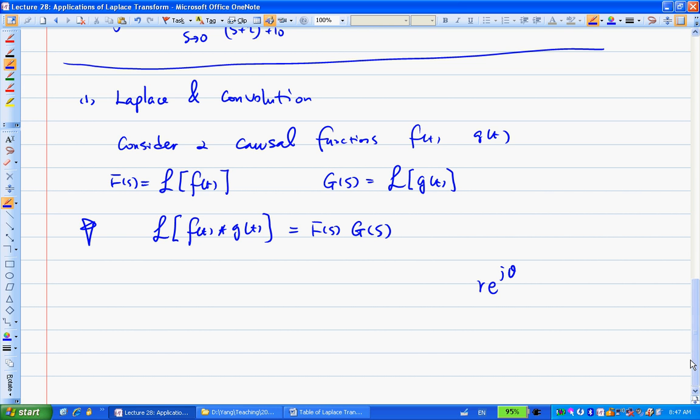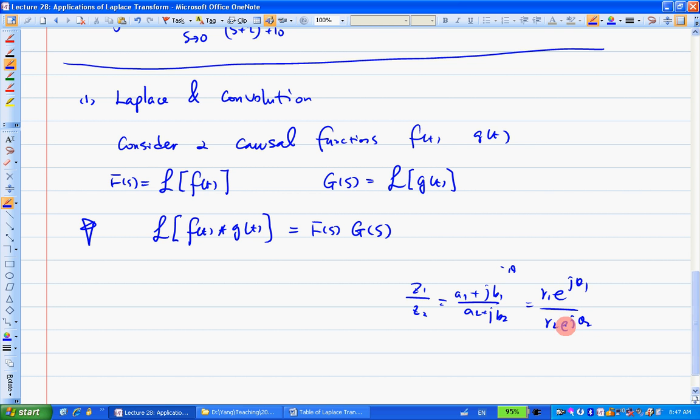Then when you have two complex numbers dividing each other, instead of calculating using a1 plus jb1 and a2 plus jb2, you can use r1 e^(j theta 1) and r2 e^(j theta 2) to do the calculation.